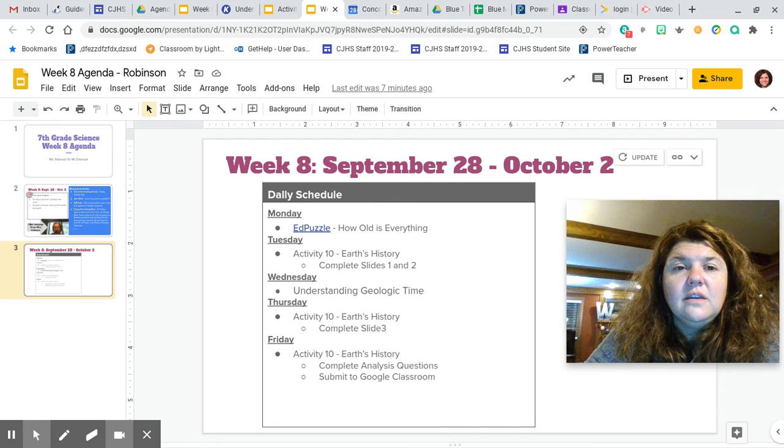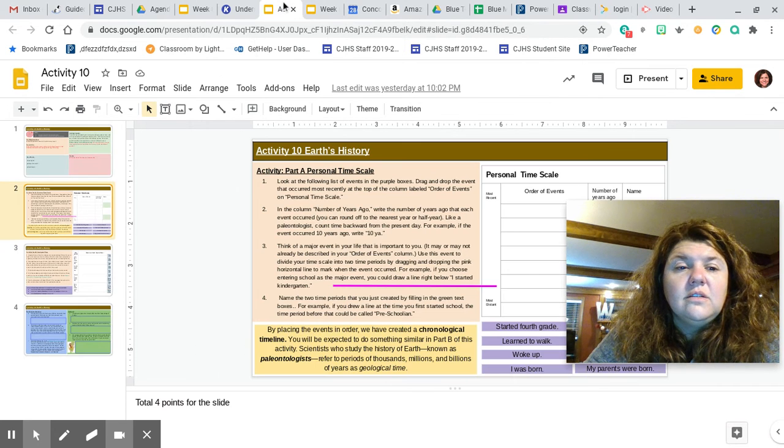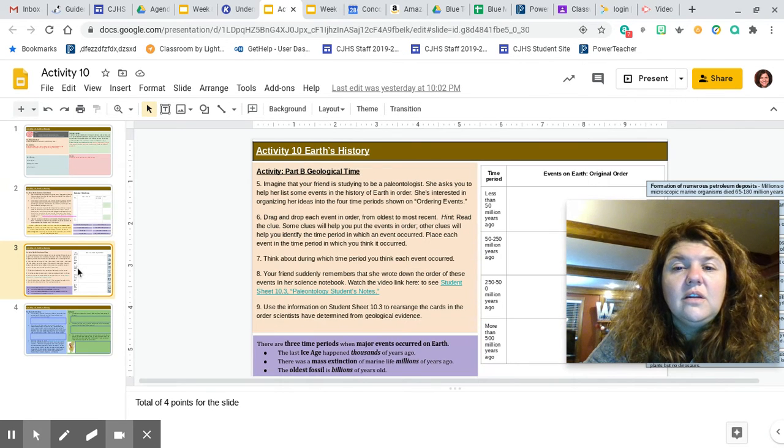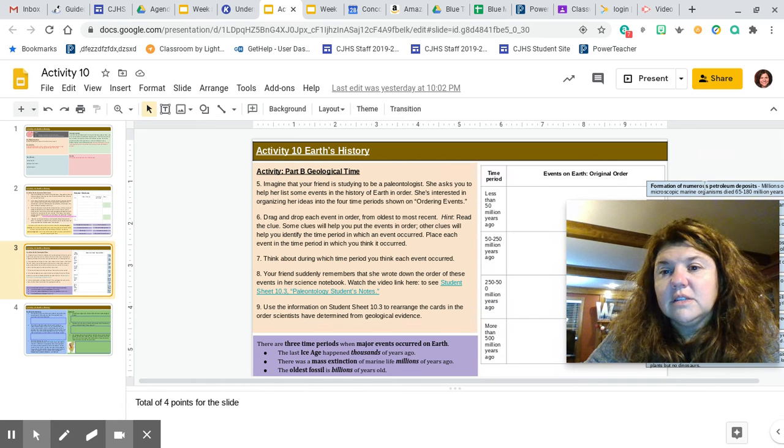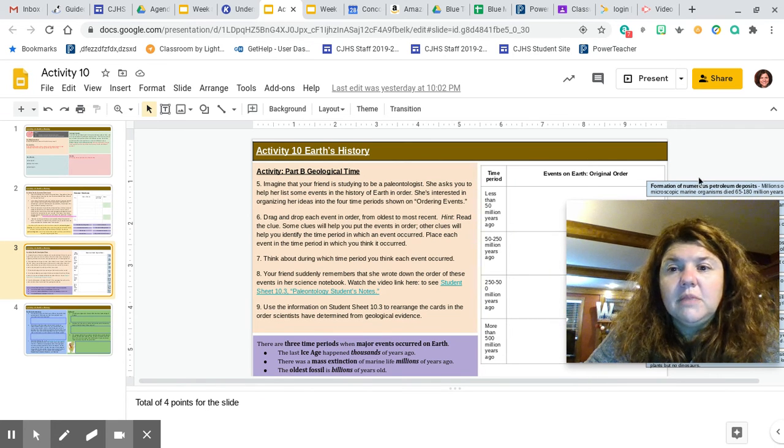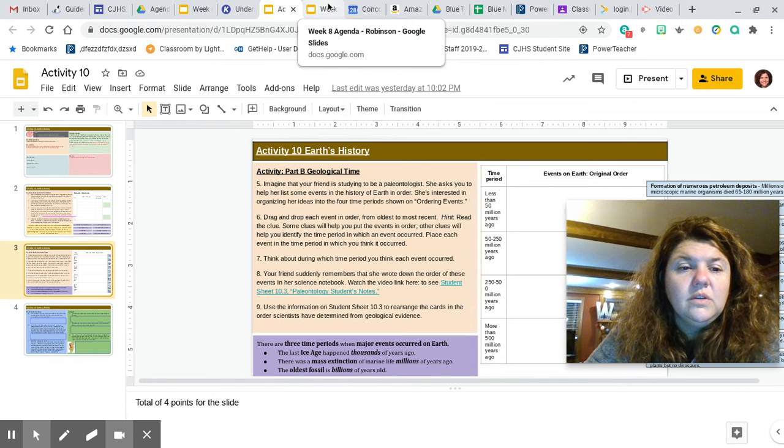On Thursday, you will be working on activity 10 again. This time you're going to complete slide 3. Here there are some blue boxes behind my picture. You will read those and then put them in the order of events by how you think they should go.